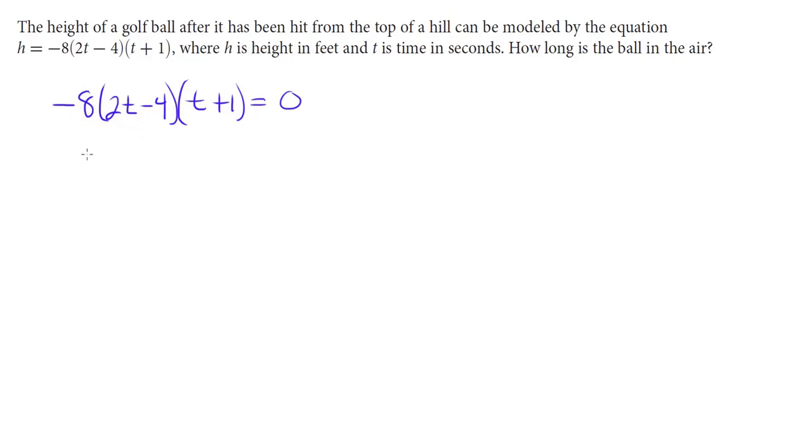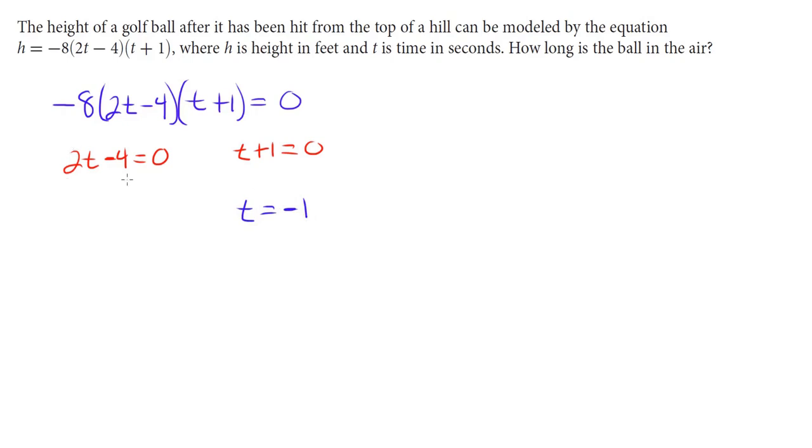So maybe 2t minus 4 equals 0, or t plus 1 equals 0, or both. So we can go ahead and solve. So here, this is a coefficient of 1 on the t. So we know that it is the opposite of positive 1. So we know t equals negative 1.